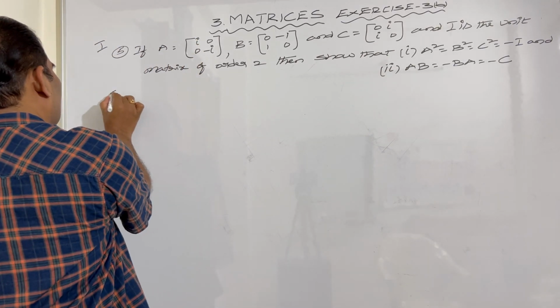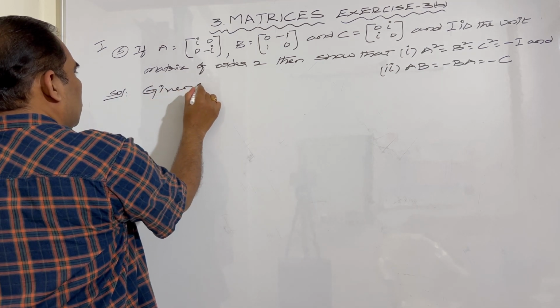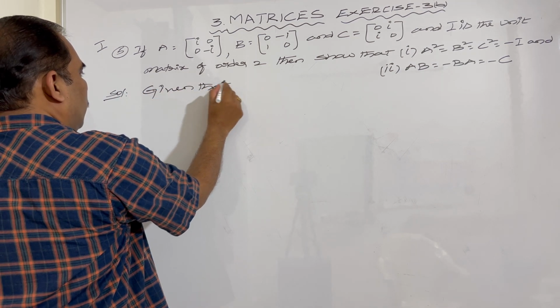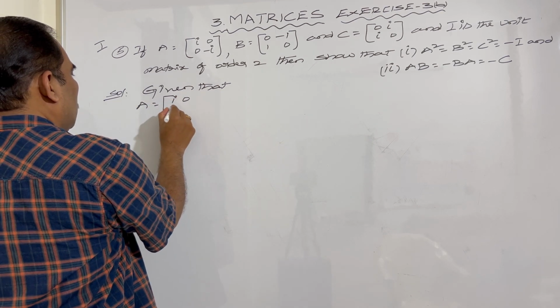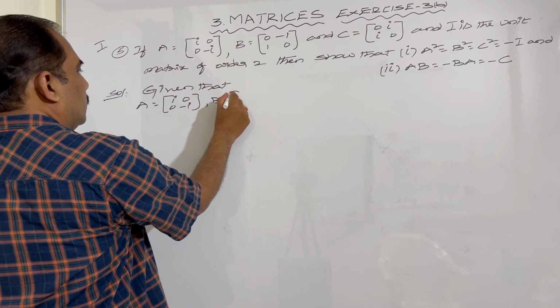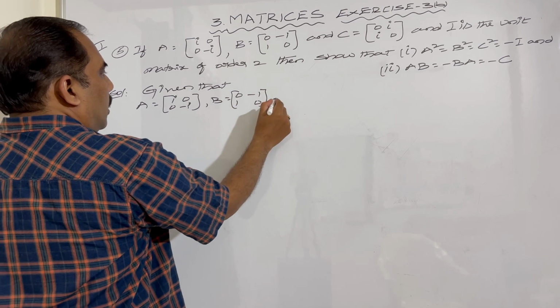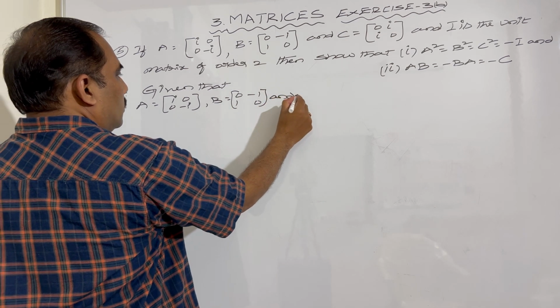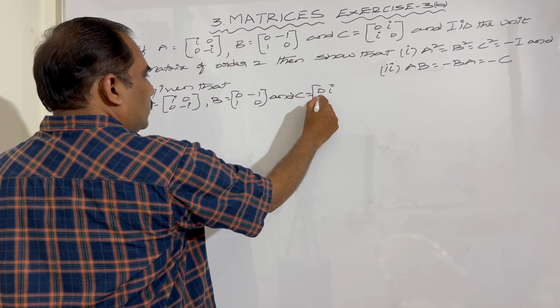So now in the solution, given that the matrices capital A is equal to [[I, 0], [0, minus I]], B is equal to [[0, minus 1], [1, 0]] and C is equal to [[0, I], [I, 0]].